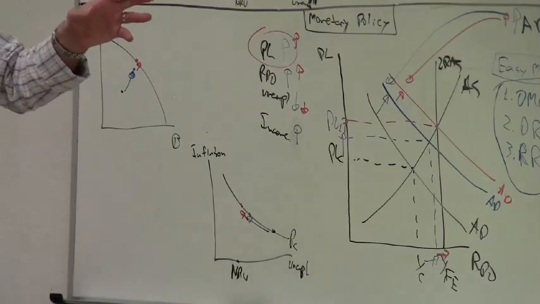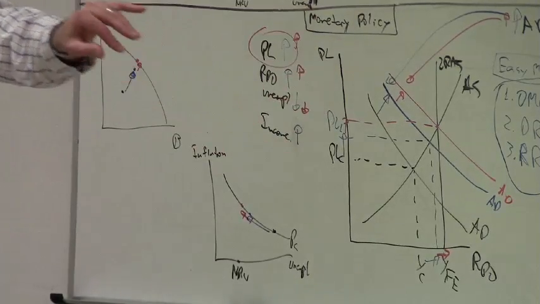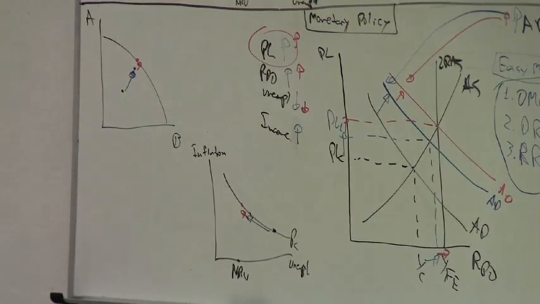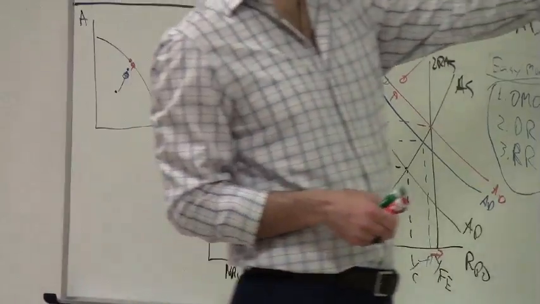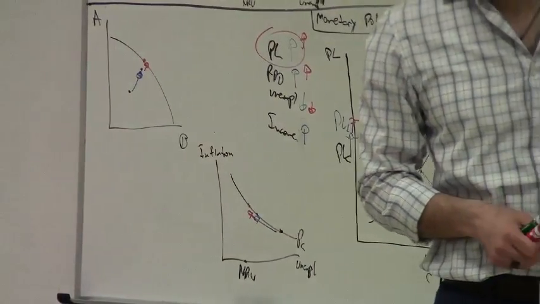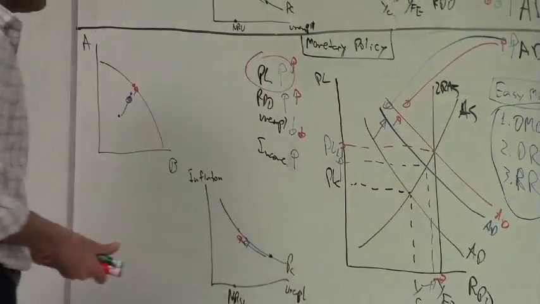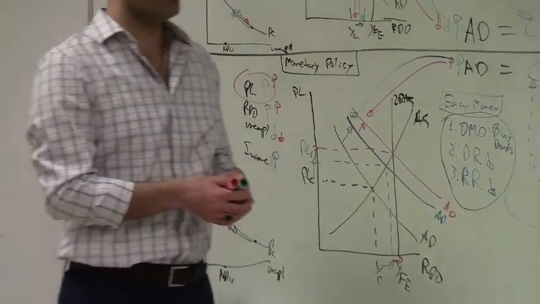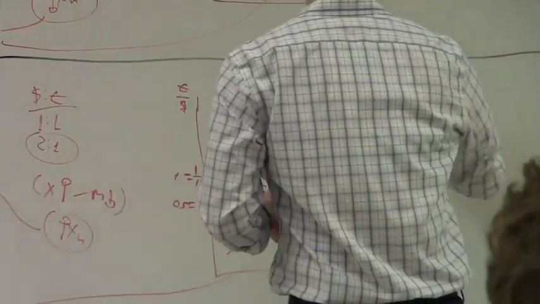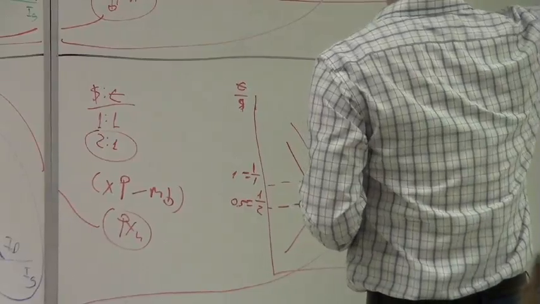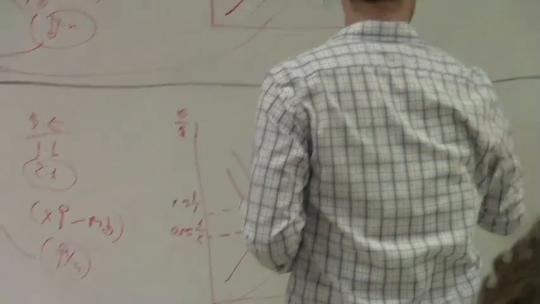So, the net export effect has a different impact when we have monetary policy, if we connect it through real interest rates. What if we connect it through price level and income? Well, it's the same as what we've done up there. Because in this scenario with monetary policy, the real interest rate decreased.